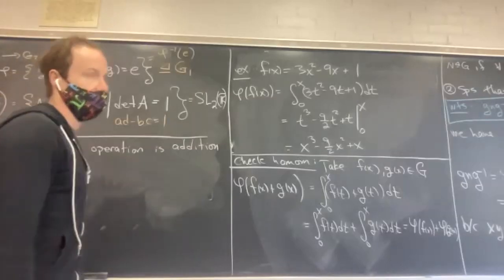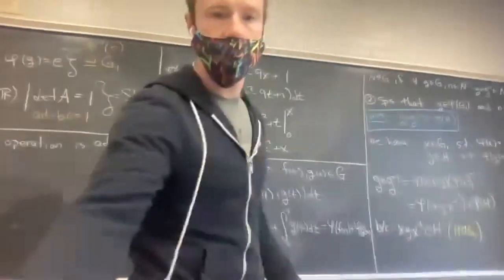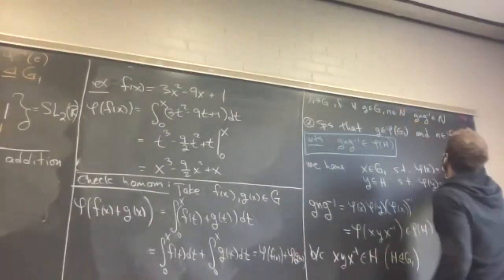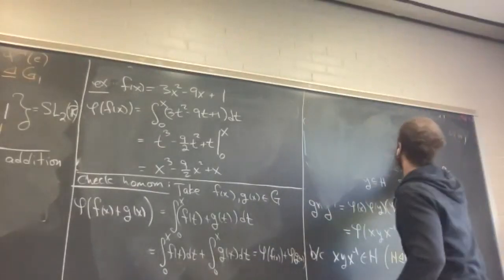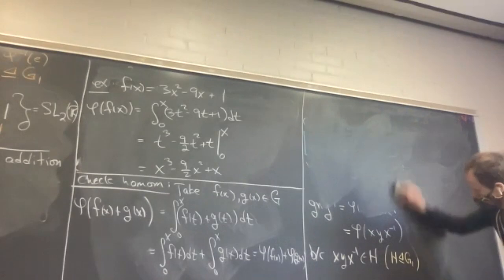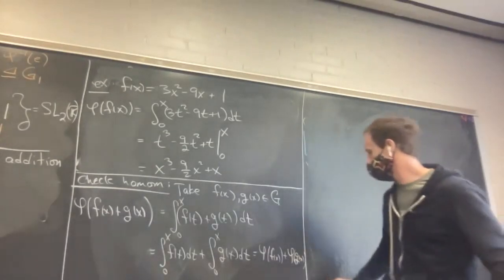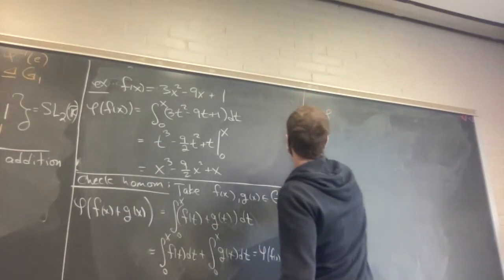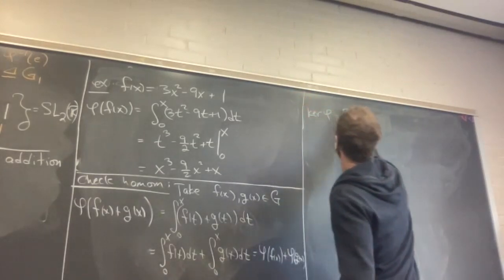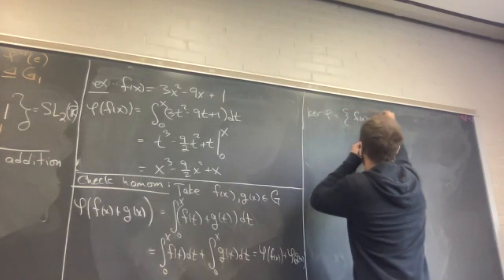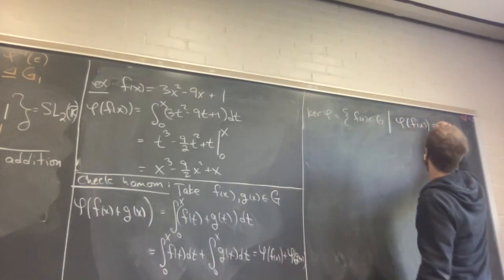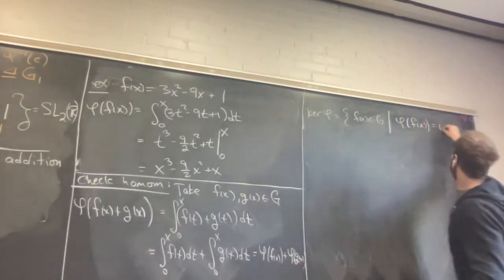Okay, so let's look at the kernel. Kernel of phi equals all f of x in G such that phi of f of x equals the additive identity, which is 0.